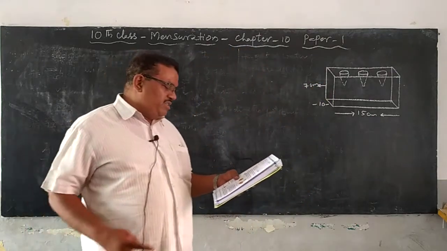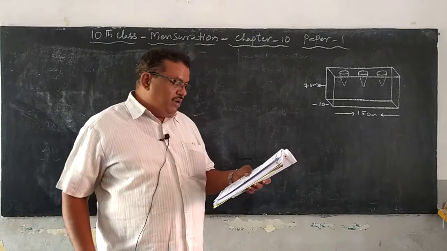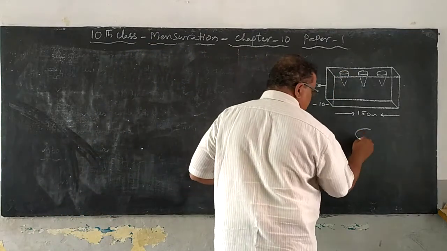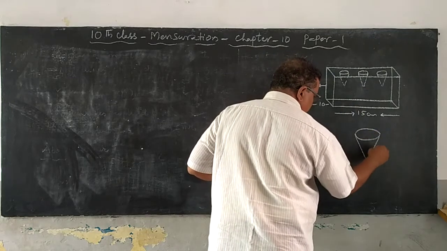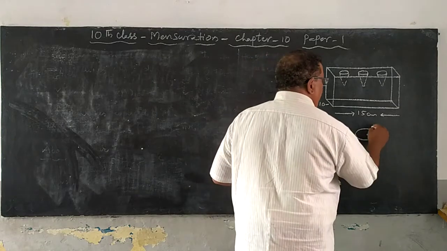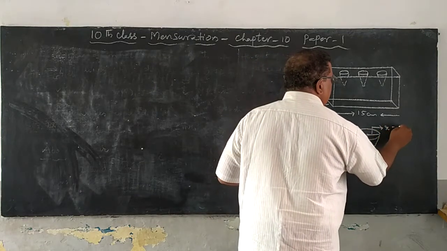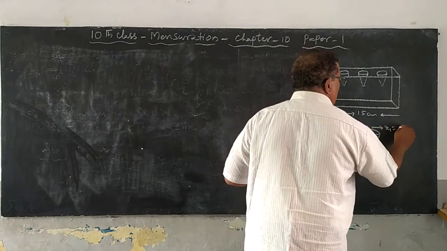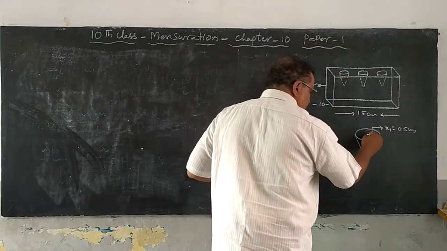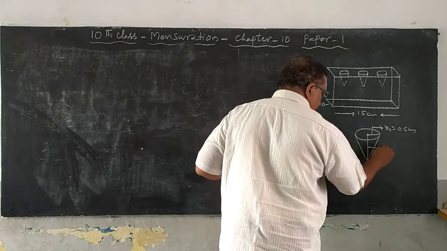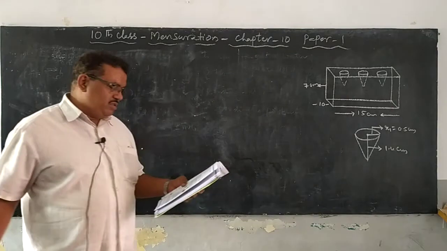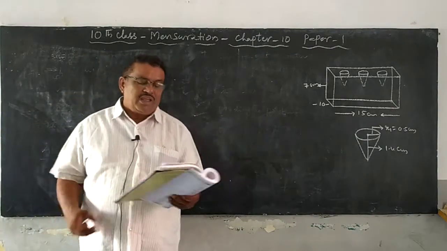Now the conical depression's dimensions: the radius of the depression is given as 0.5 centimeters, and the depth is 1.4. Depth is nothing but the height of the conical depression, 1.4 centimeters. Find the volume of wood in the entire stand.